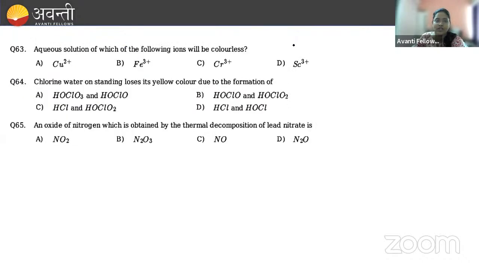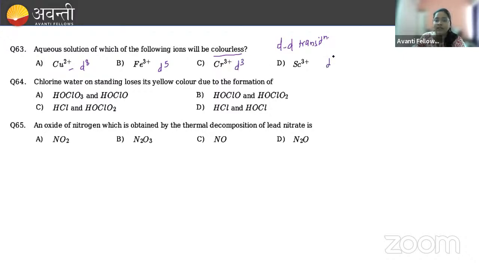Next question: the aqueous solution of which of the following ions will be colorless? For a solution to be colored, it should have a d-d transition, which means it should have d electrons. Cu2+ is d9, Fe3+ is d5, and chromium 3+ is d3.